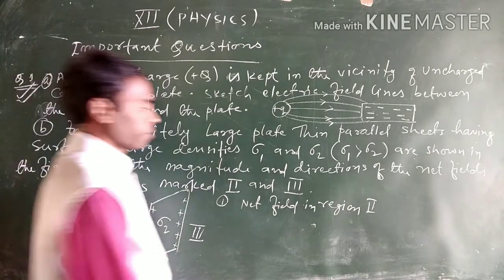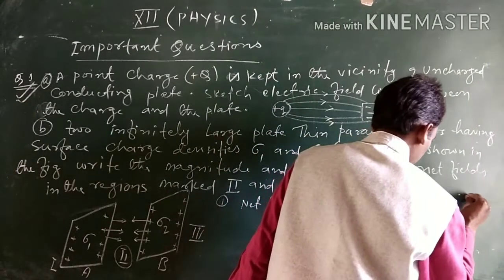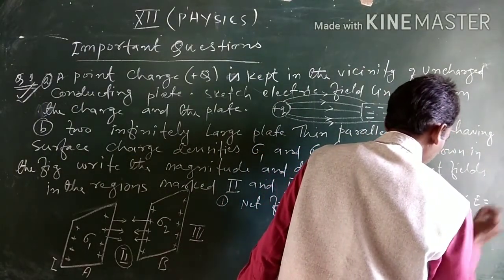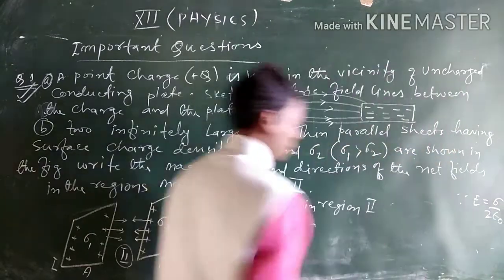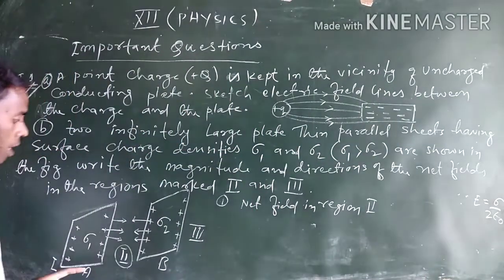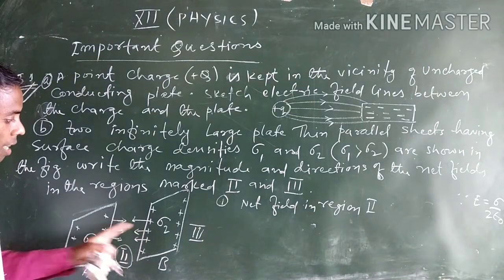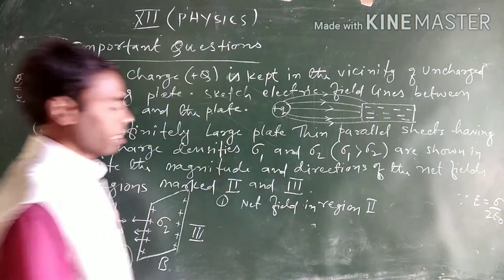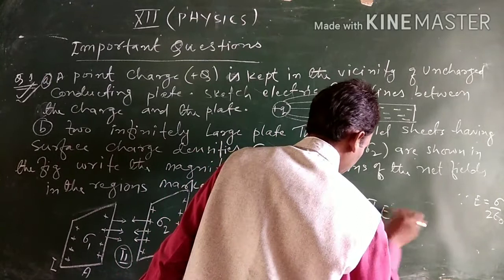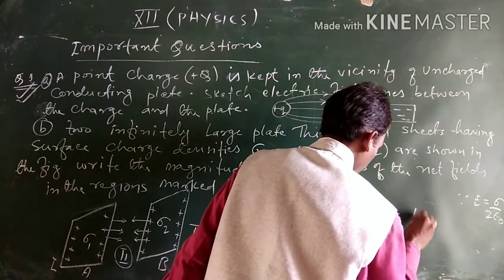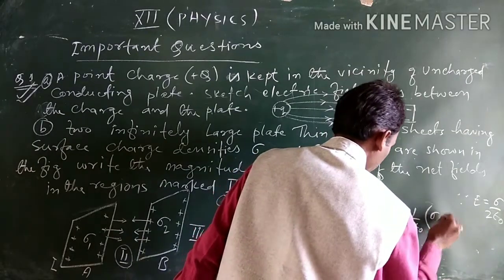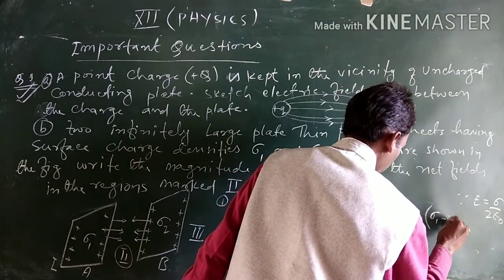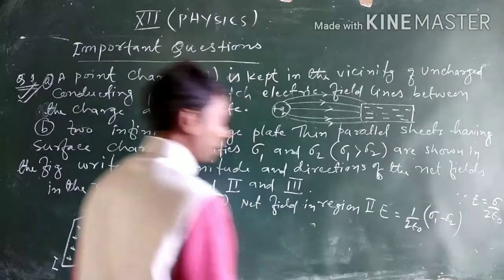Since our electric field due to a sheet is sigma divided by 2 epsilon naught, here for the net electric field we have to add this one to this one, but the direction is opposite. That's why our electric field over here, E equals 1 by 2 epsilon naught, sigma 1 minus sigma 2, right?